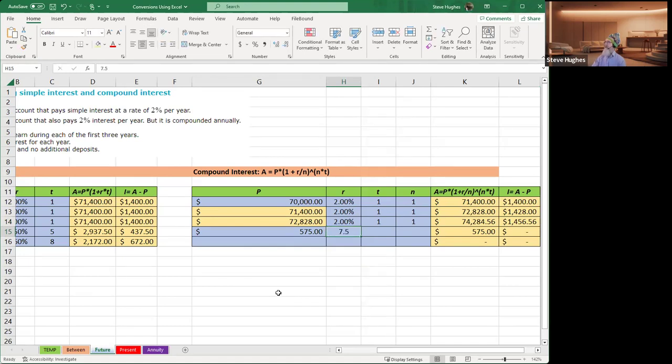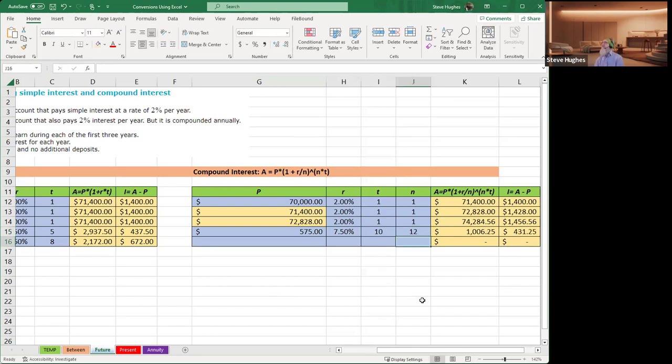I put that in as a decimal, 0.075, and format it to a percentage with the decimal places we want. Let's suppose this was for 10 years, compounding monthly, so n is 12.